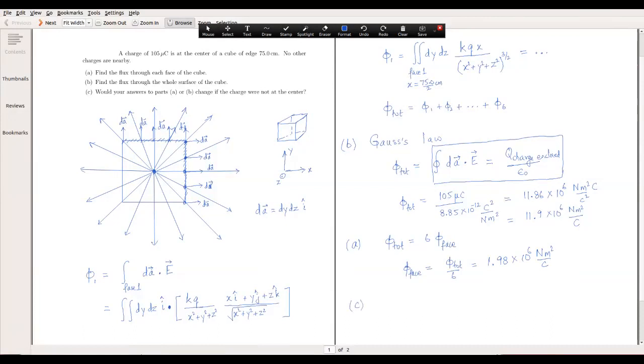is this going to stay the same if you were to move the charge away from the center? So let me draw this again just to give a feel for this. So that's now what our cube is, let's say. And if the charge was somewhere here, let's take the extreme situation. Can move it further to the right, and let me draw the field lines now. And let's see your field lines.